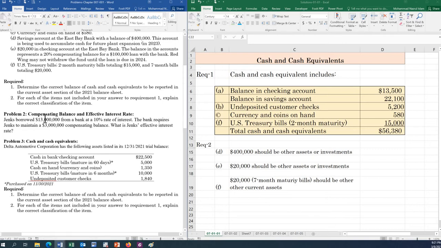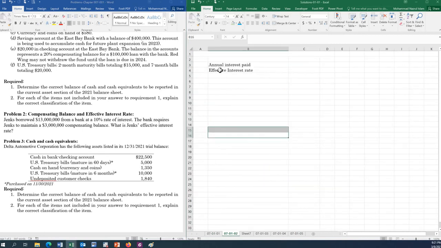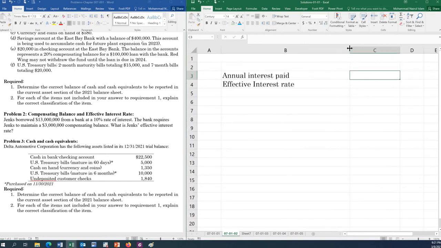Jenks borrowed 13 million from a bank at a 10% rate of interest. The bank requires Jenks to maintain a 3 million compensating balance. What is the effective interest rate in this case? Here is the annual interest paid. The annual interest would be equal to 13 million multiplied by 10%.